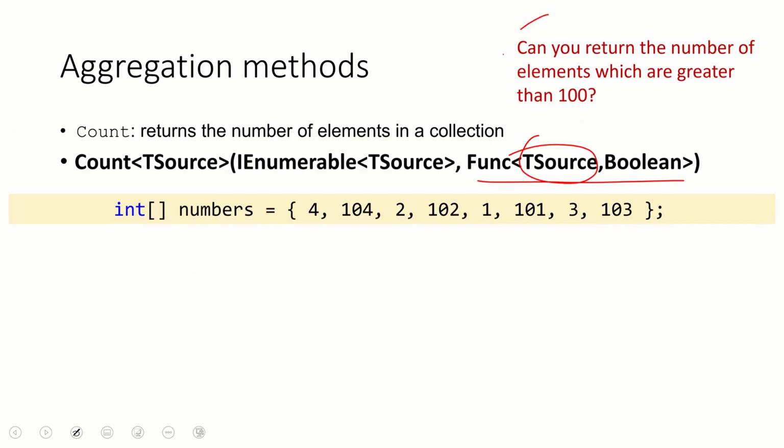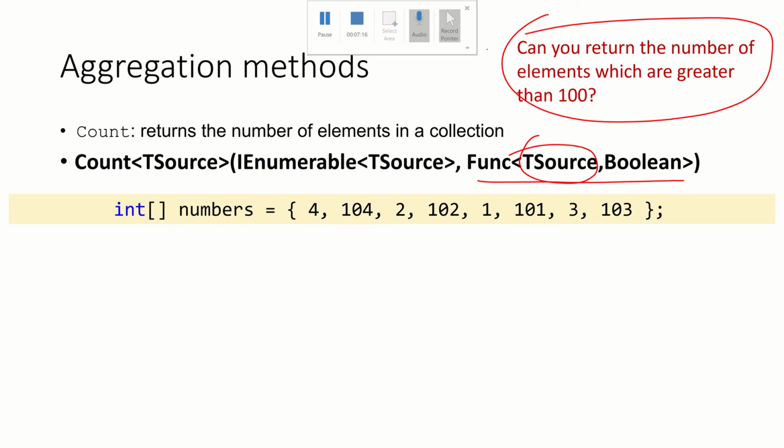Let's look at this one. The question is, can you return the number of elements which are greater than 100? Just pause this, take 5 or 6 minutes to think about it, maybe try. Okay, so we need to get the number of elements which are greater than 100.